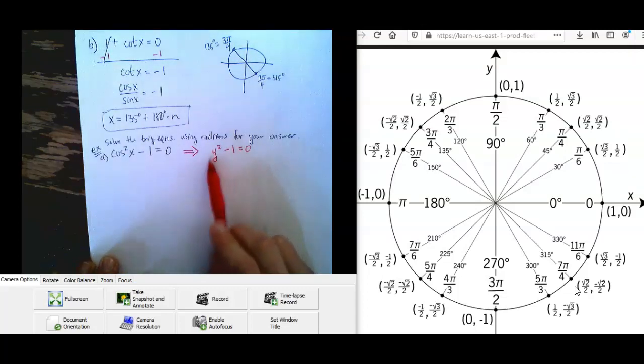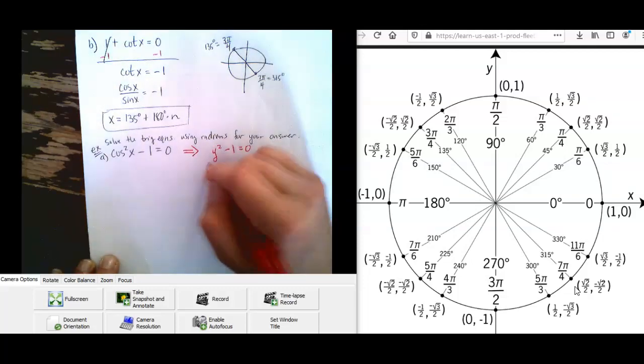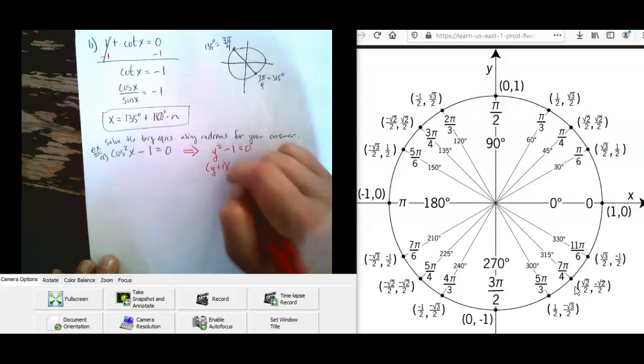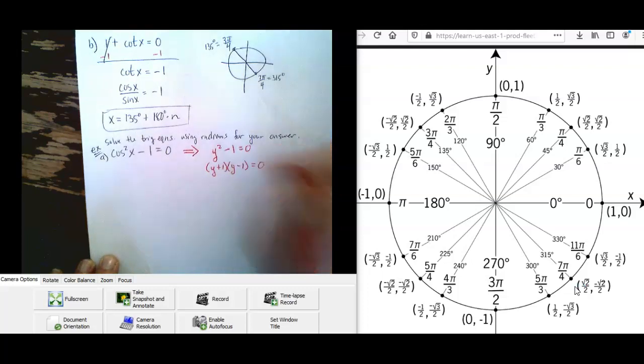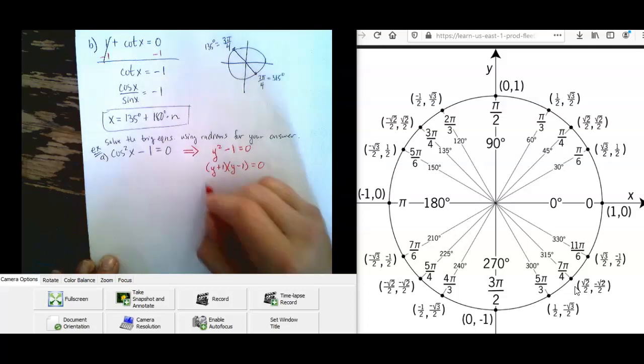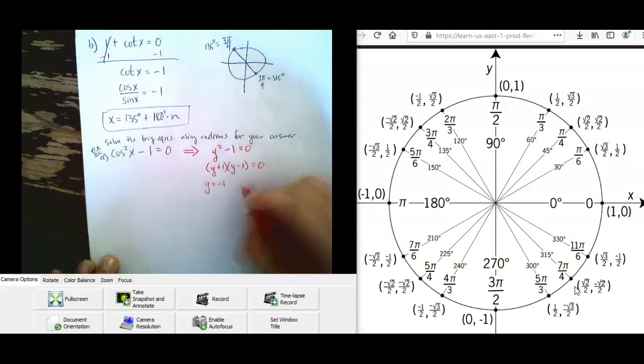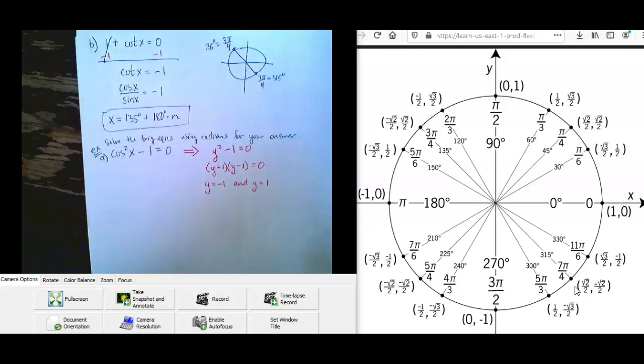How do we factor this? We would factor this using our difference of squares formula. That would be y plus 1 times y minus 1 equals 0. So the solutions would be y equal to negative 1 and y equal to positive 1, if we were doing this simple algebraic equation.